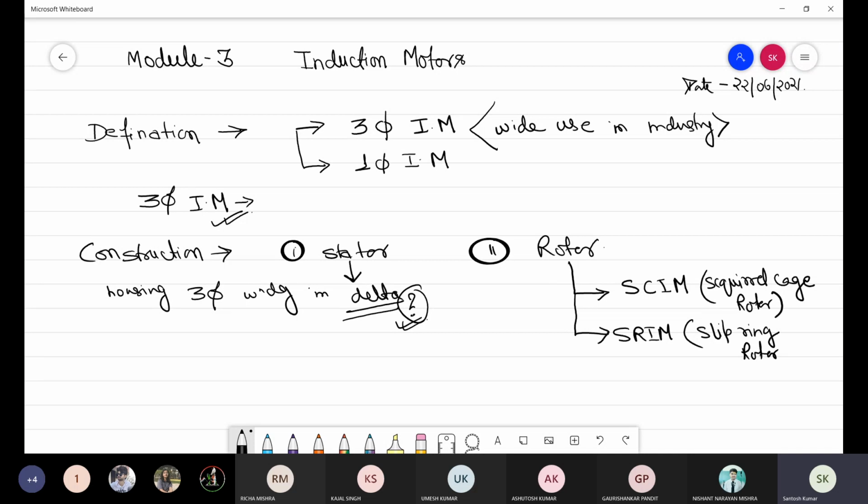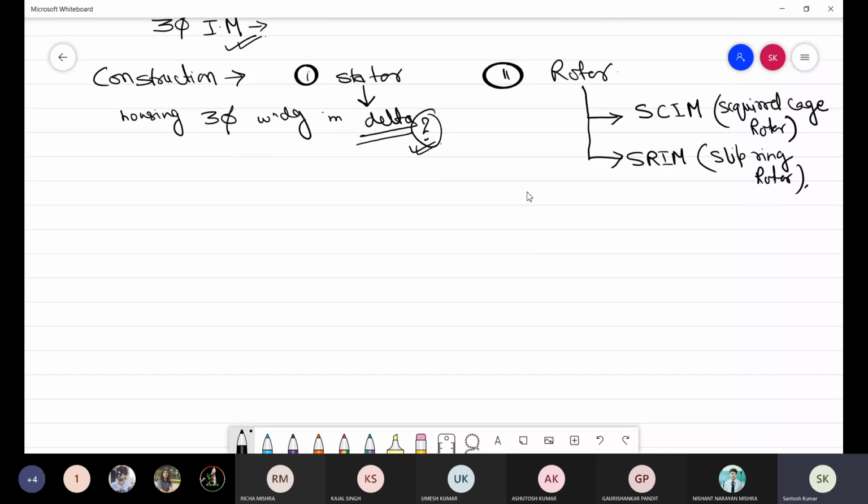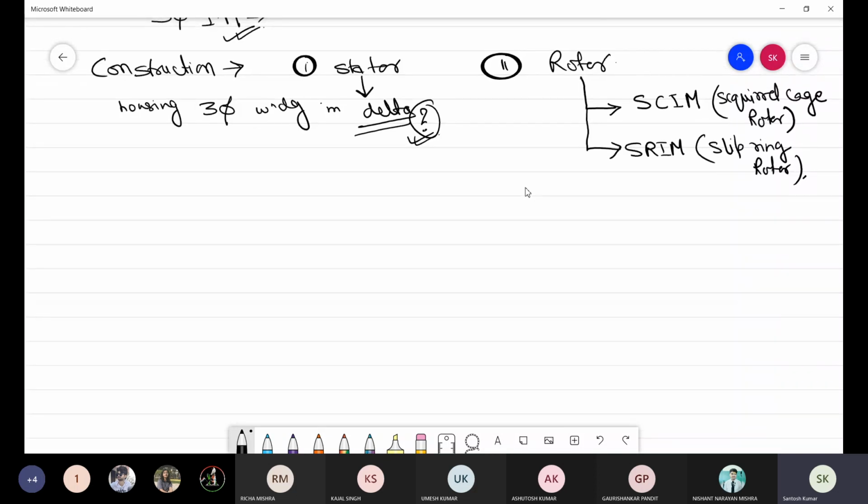So induction motors are basically classified as either a squirrel cage induction motor or slip ring induction motor based on the kind of rotors they are used to. So you can write from here.